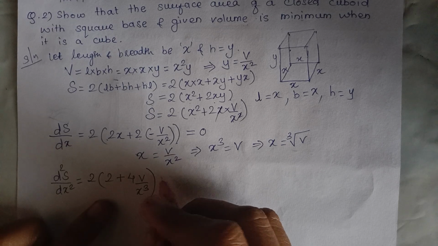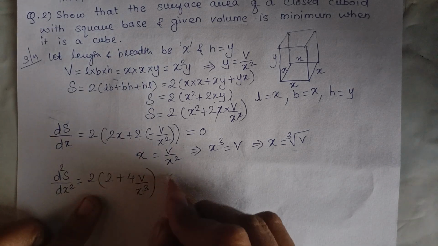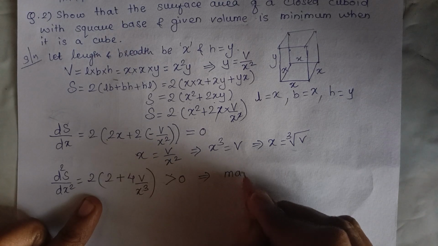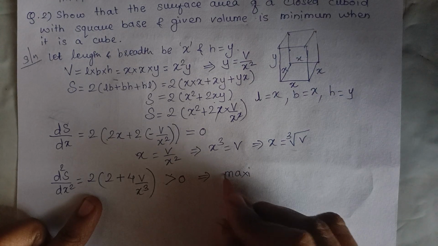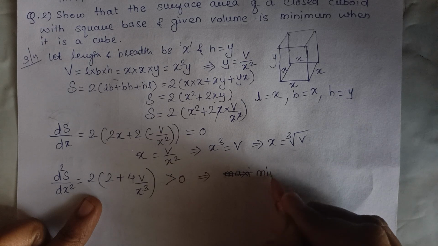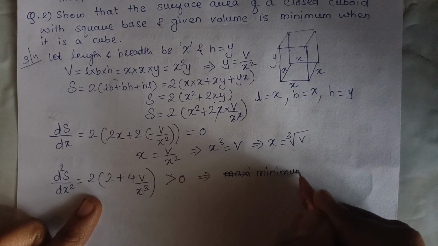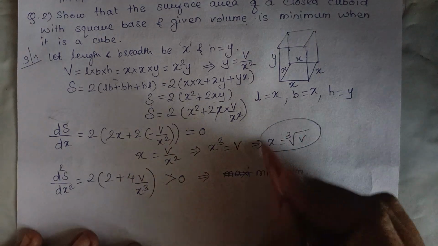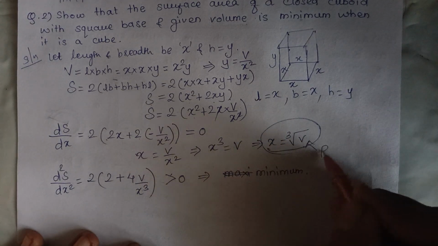So this will be a positive value, right? Greater than 0. So maximum. Sorry, minimum. So when our surface area is minimum, at this point, this is the point of minima.